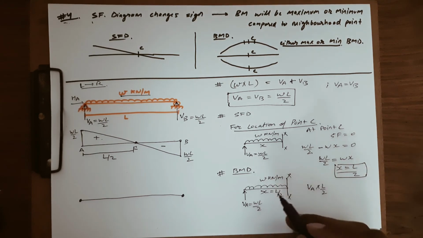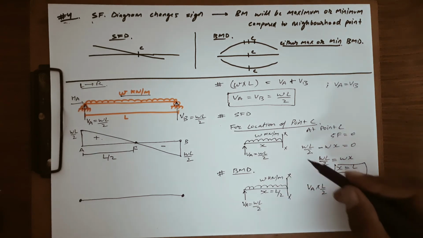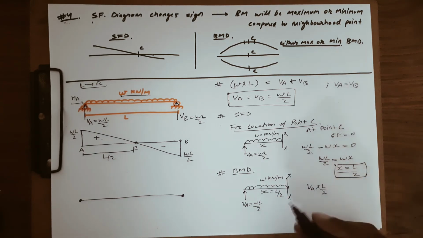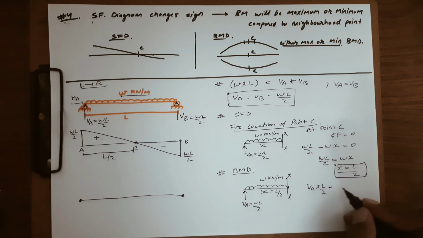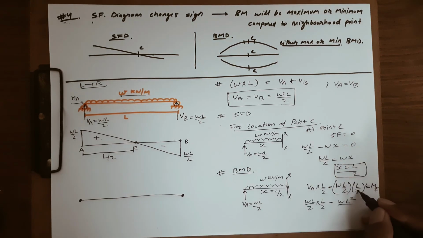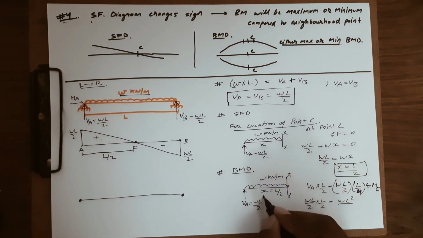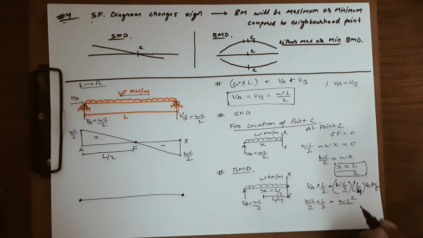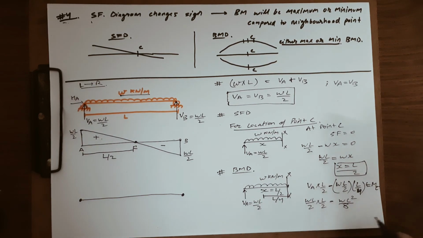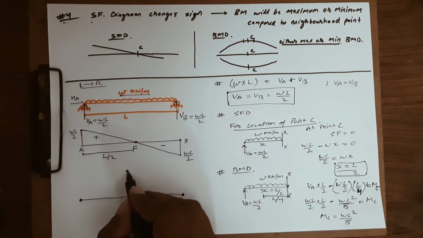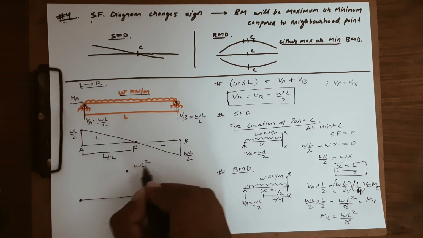Now the load is anticlockwise at X, so minus W into L by 2, and its centroid distance will be L by 4. So it will come as WL square by 8, and MC is WL square by 8. So we will be getting a positive moment of WL square by 8.